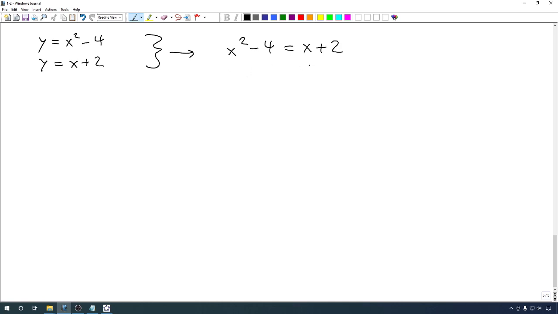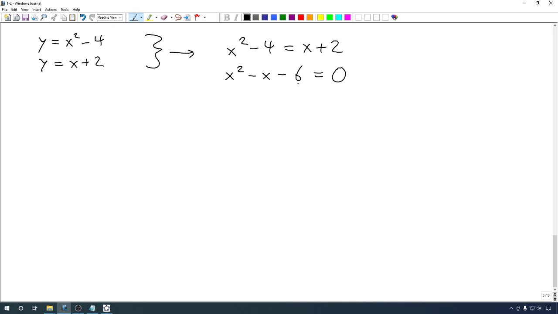So if we solve this for x, we do have to recall how we solve a quadratic from algebra. I'm going to move everything to one side. So we have x squared, we have a minus x, and now the minus 4 will combine with a negative 2, and we're left with a 0 on this side.